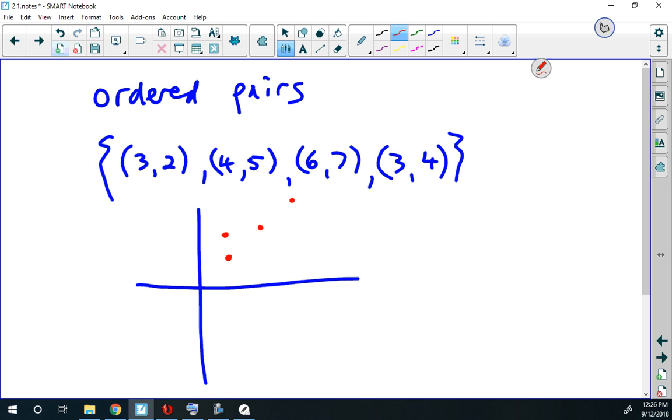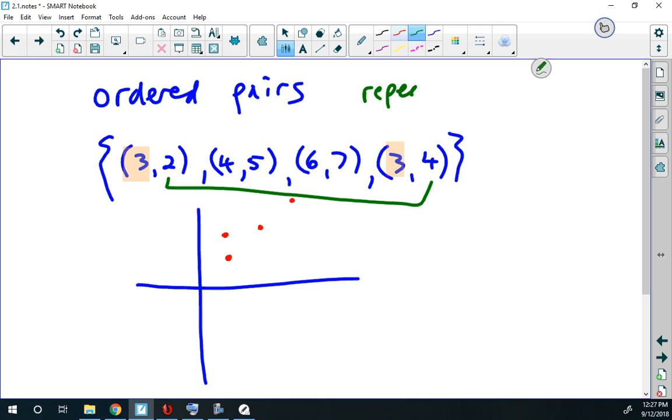So what are we looking for to determine whether ordered pairs are a function or not? Oh, if the x's are the same, yeah. So the dead giveaway here is if the x's are the same and the y's that are attached to those x's are different, right? So if we see a repeated x value, we can say it's probably not going to be a function.